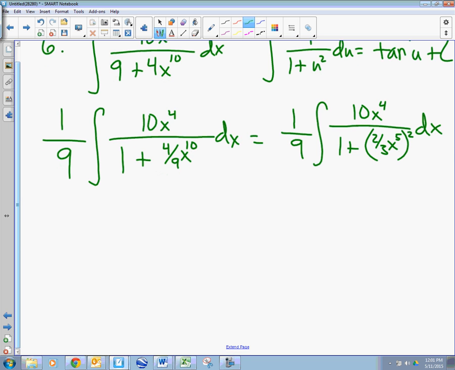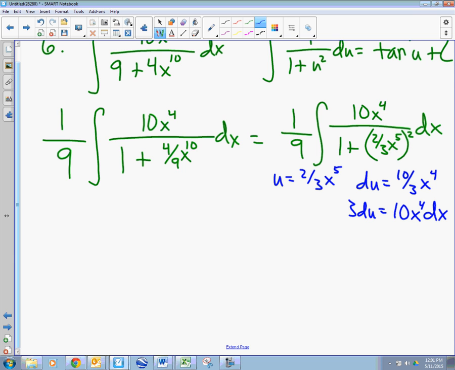All right, what is u? So du is, yep, I don't have a 10 over 3, but I do have a 10, so I'm going to multiply by 3. I get 3 du is equal to 10x to the 4 dx.